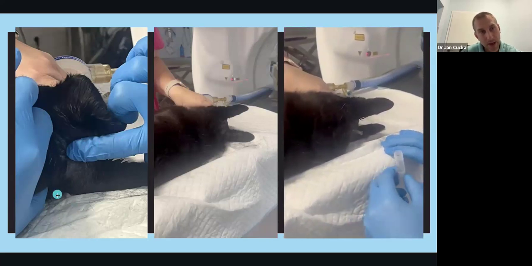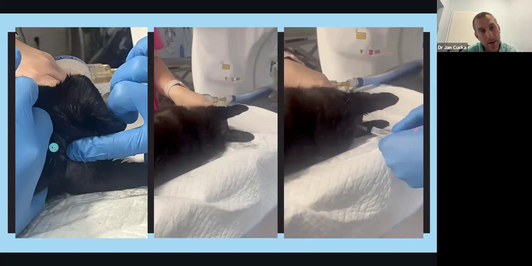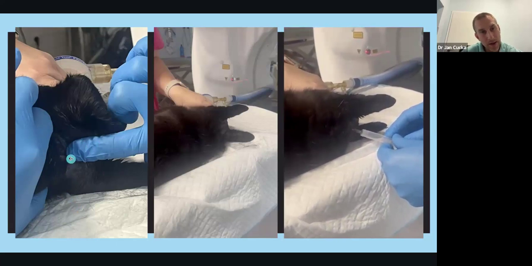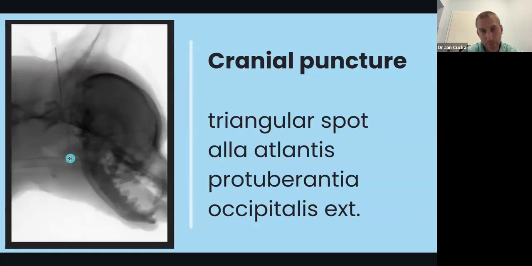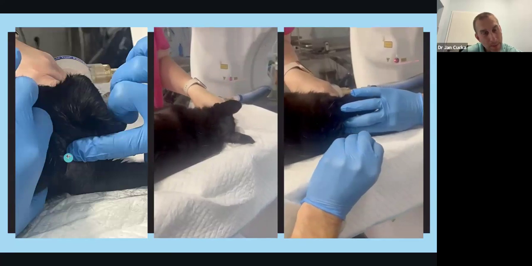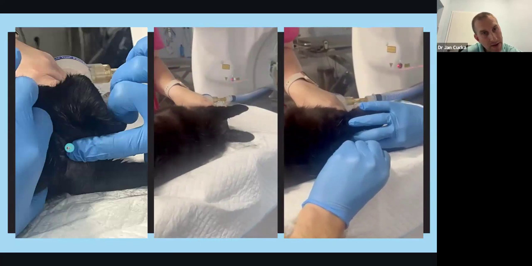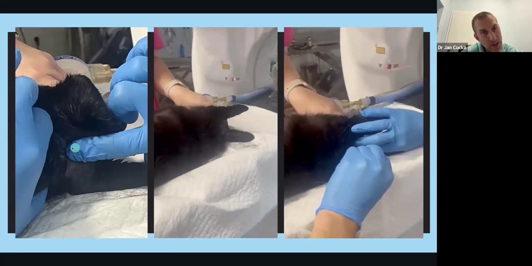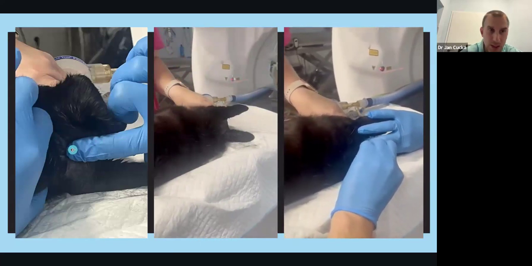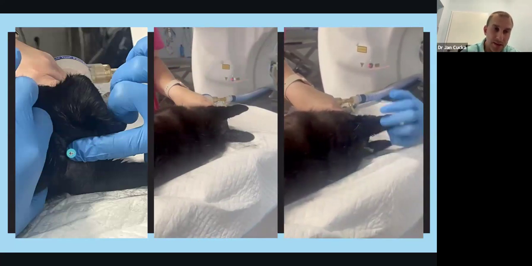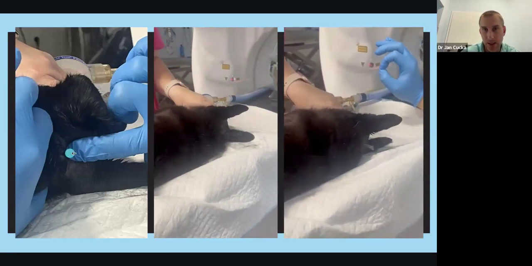Here are the atlas wings, and our needle is going perpendicular to this space. So here is the protuberantia occipitalis externa, and just behind that protuberantia, there's the right spot for application.